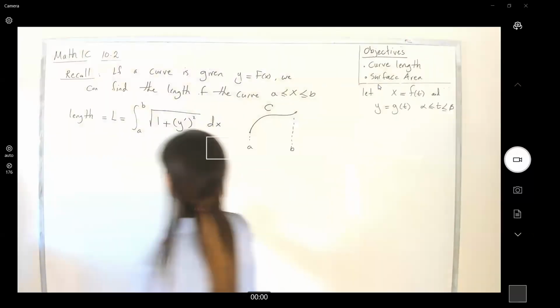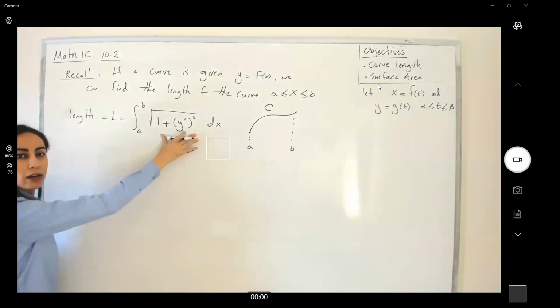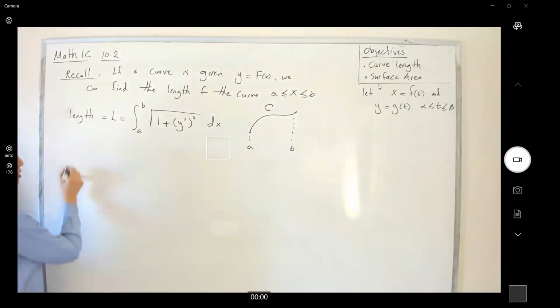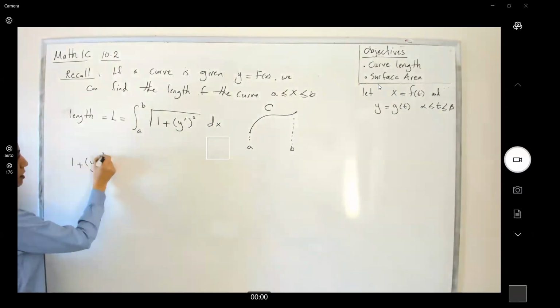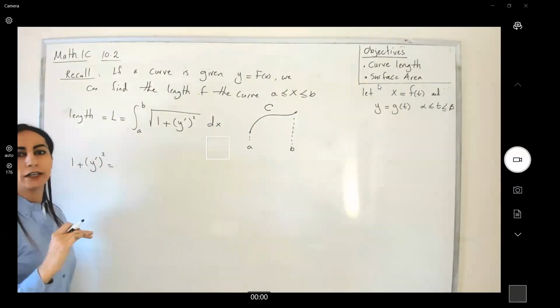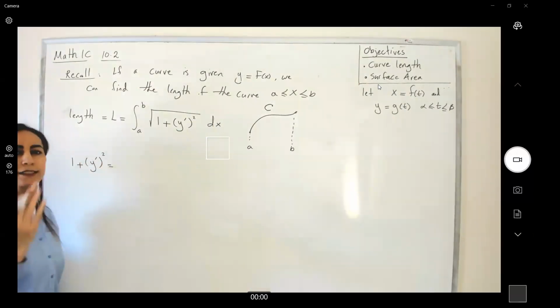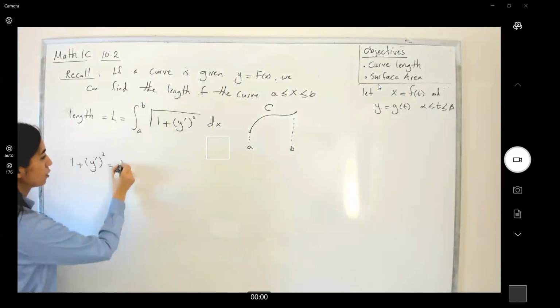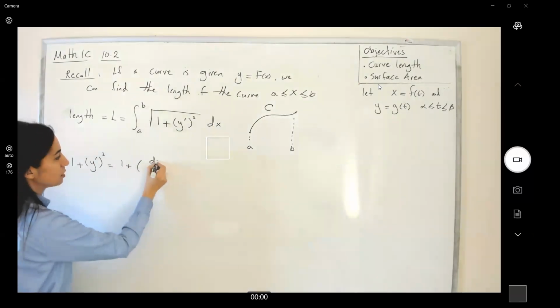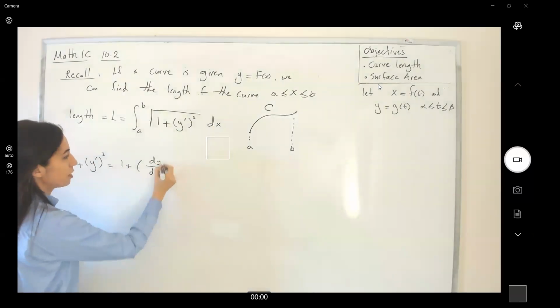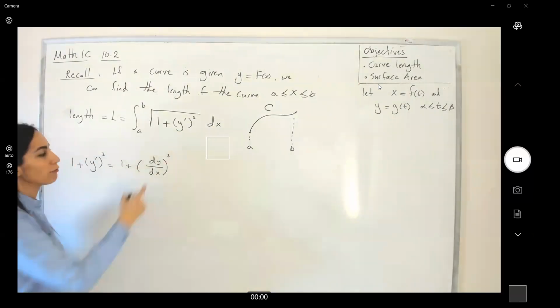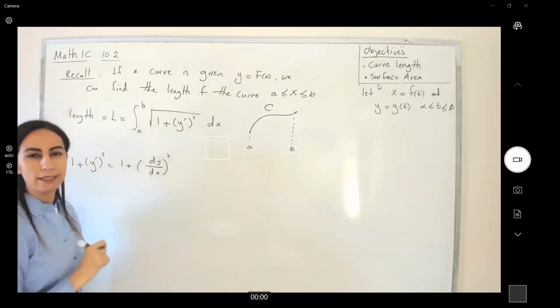What I'm going to do, I'm going to take this quantity inside the radical, 1 plus y prime squared, and I'm going to just write it as y prime is dy over dx. So this is 1 plus dy over dx. In the next step, I'm going to divide dy and dx by dt.